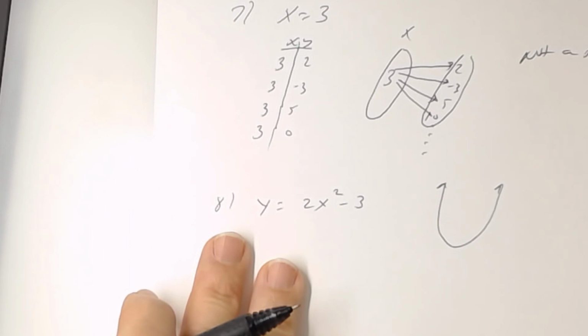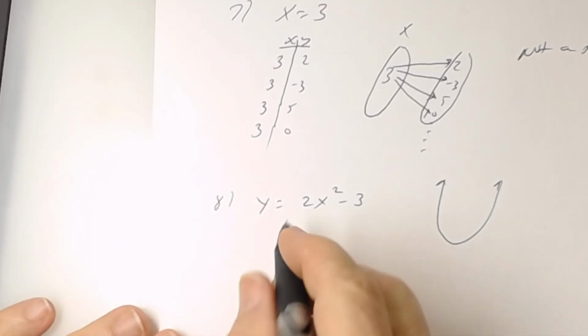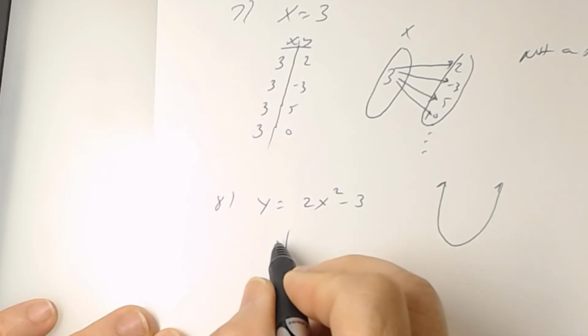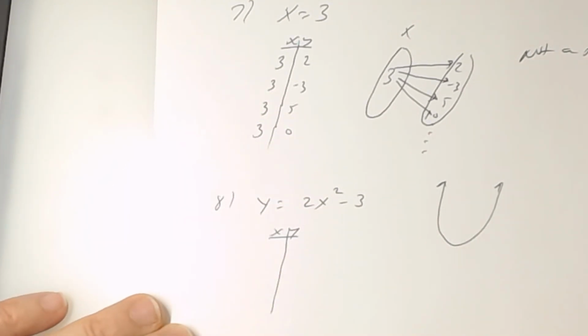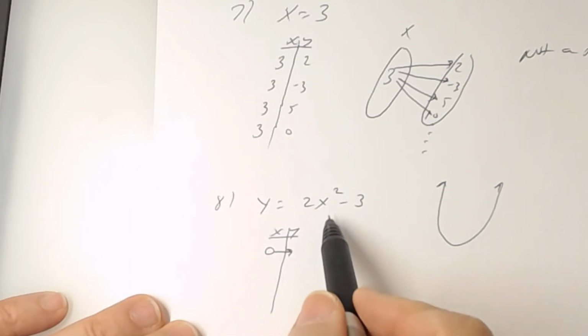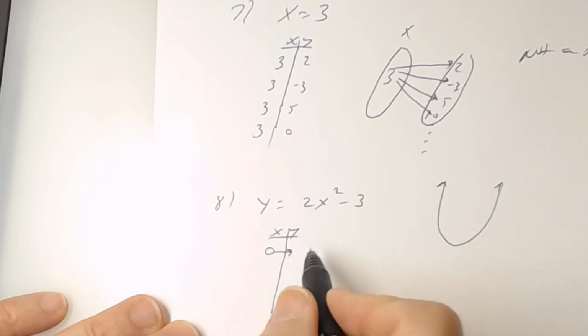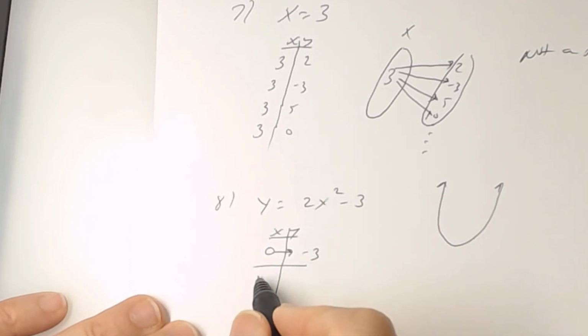Even if you did not remember that this was a parabola, you could have done a t-table. When x is 0, how many y values do I get? 0 squared is what? 0 times 2 is? 0 minus 3 is? So far I get 1 y value. When x is, let's say, 2, how many y values do you think you're going to get? Just 1.